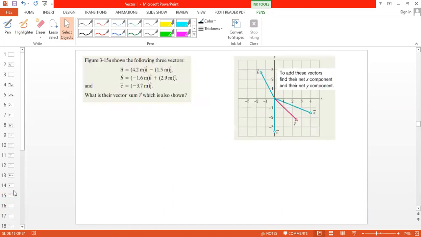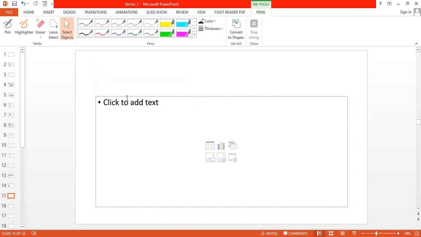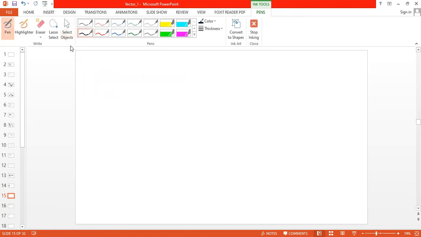Before that, let's try one thing. Now we want to do addition of vector. Today we are going to discuss addition and subtraction of vector.